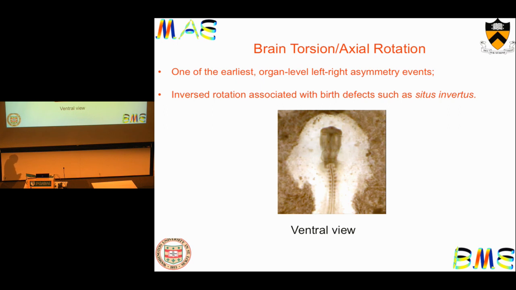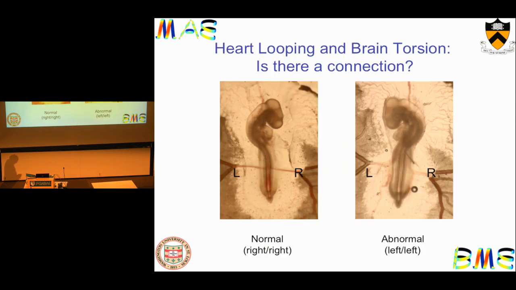Later on, I can show you, probably in another slide. This is an early stage, about 2 to 3 days of development that we've been studying. But later, it's going to undergo dramatic shape transformations into the brain models that you often see.